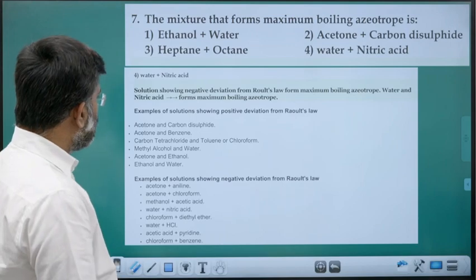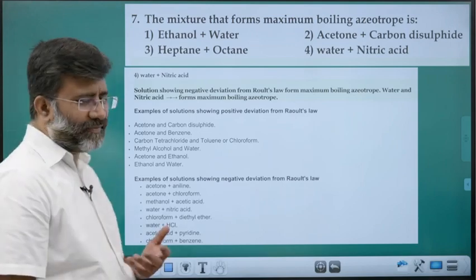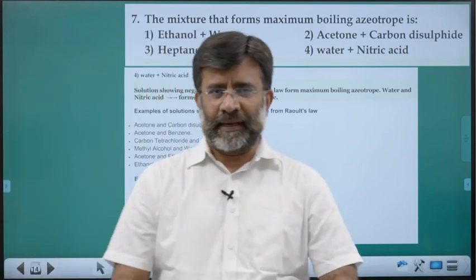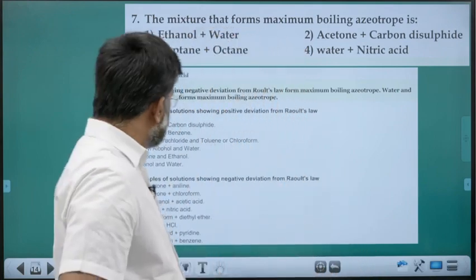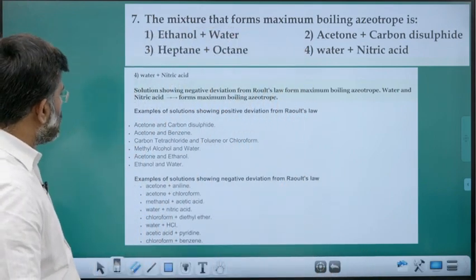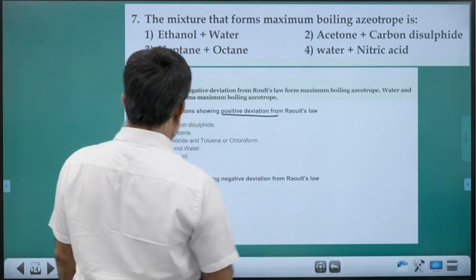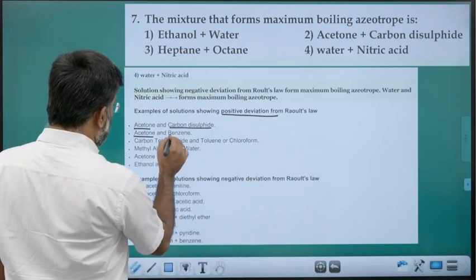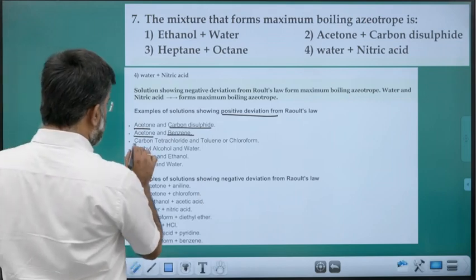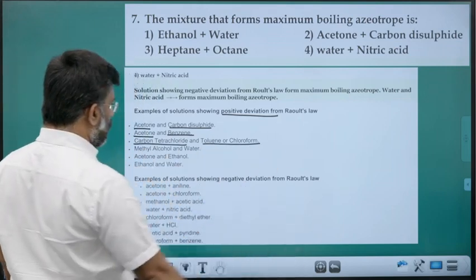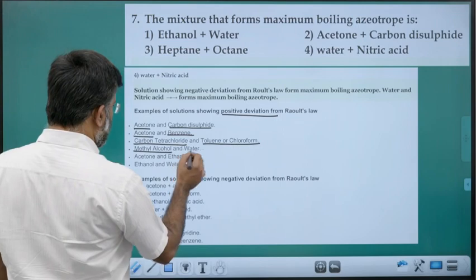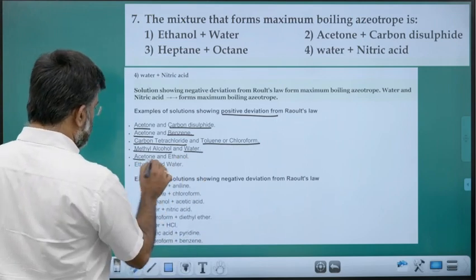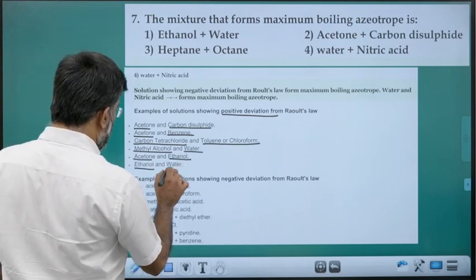You see, a few examples are there in the NCERT. Some more examples you can see. Acetone carbon disulfide shows positive deviation. Acetone benzene, CCl4 toluene or chloroform, methyl alcohol water, acetone ethanol, ethanol water.